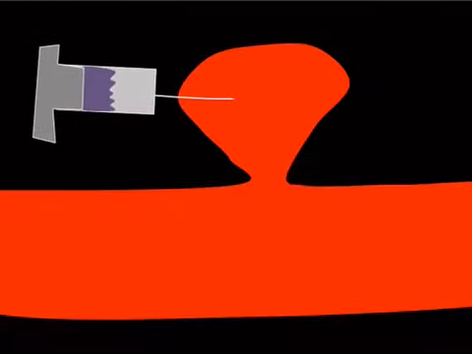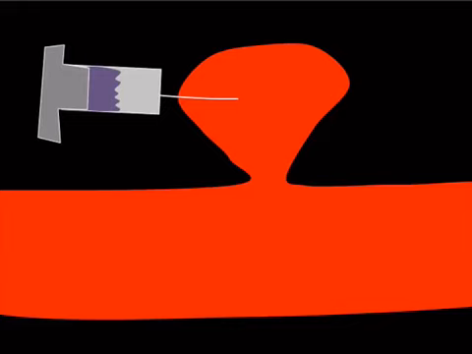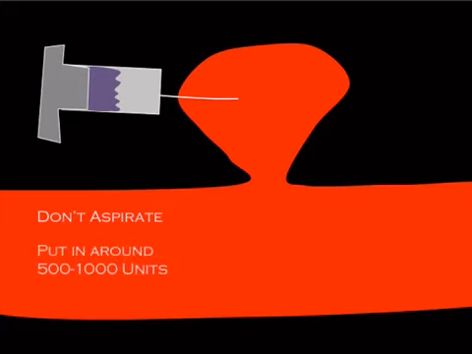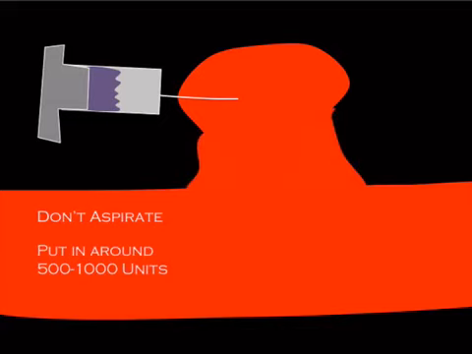Alternatively, you can put some thrombin in there. Now, an important point is you do not want to aspirate. If you do that, you're going to end up with a big blood clot inside your syringe. You'll put between 500 and 1,000 units in. It's usually just a few cc's. You can't do this if you've got a wide mouth.